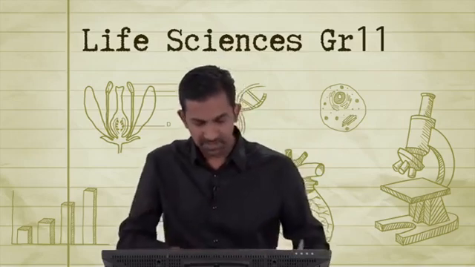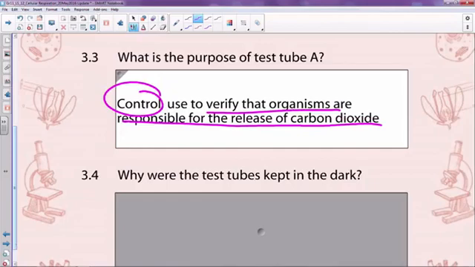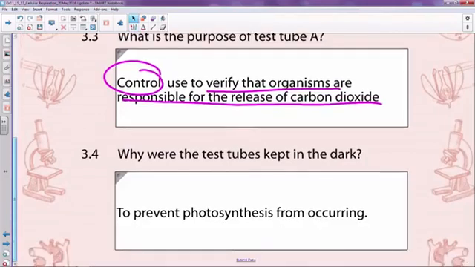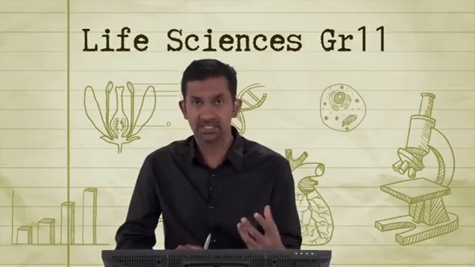And finally, the last question is, why were the test tubes kept in the dark? And this is quite an interesting question, guys, because if we were to keep the test tubes in light, we know that the plant, in the presence of light, will undergo photosynthesis, and to some extent will be able to utilize some of that carbon dioxide. So if there was any respiration, the potential to detect carbon dioxide would have been negligible due to the plant being able to photosynthesize.